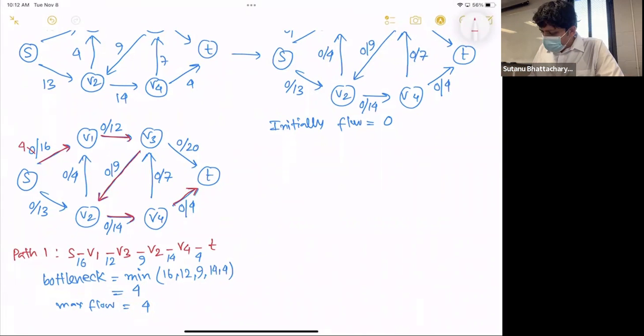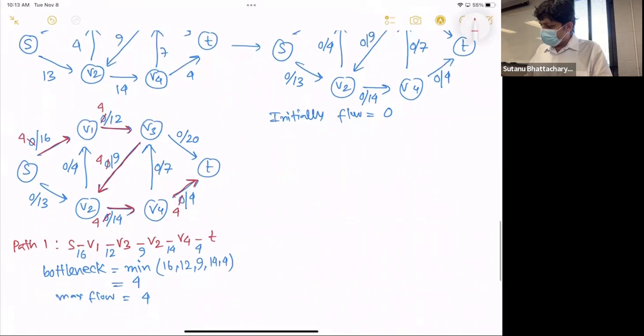So it becomes 4, it also becomes 4, it also becomes 4, it also becomes 4, this one becomes 4. Clear so far? Now the major point. What happened?